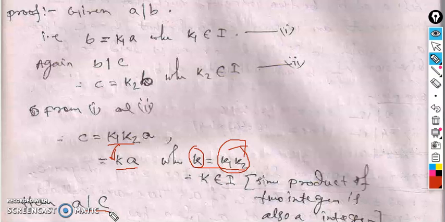Divisibility is a transitive property, so you need not check each case. Take an example: 3 is a divisor of 15 and 15 is a divisor of 90, therefore 3 should be a divisor of 90.